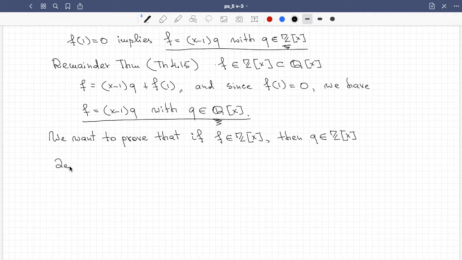Okay, let Q, this polynomial, be some polynomial a naught plus ... plus a n x to the n. And let us write that, so let us expand.